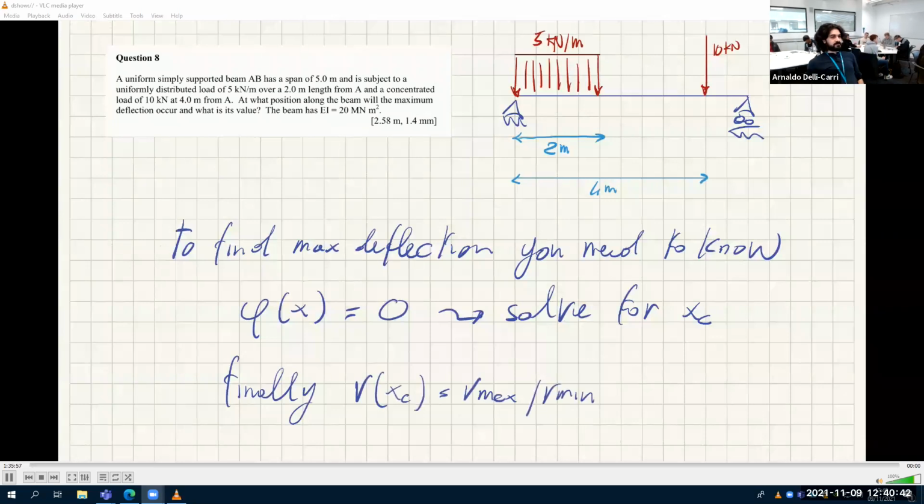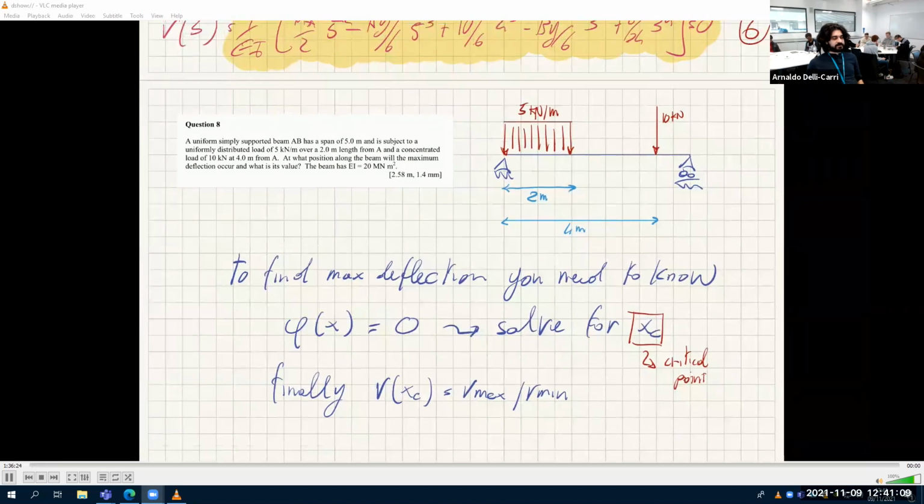Okay, very easy. So this is your critical point. That's it, done, easy. I will not do this. You will do this very easily.